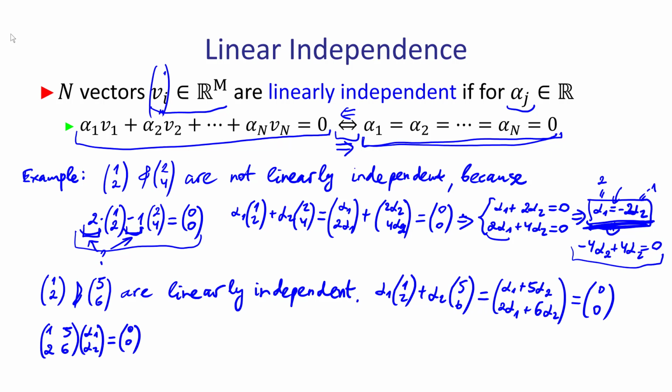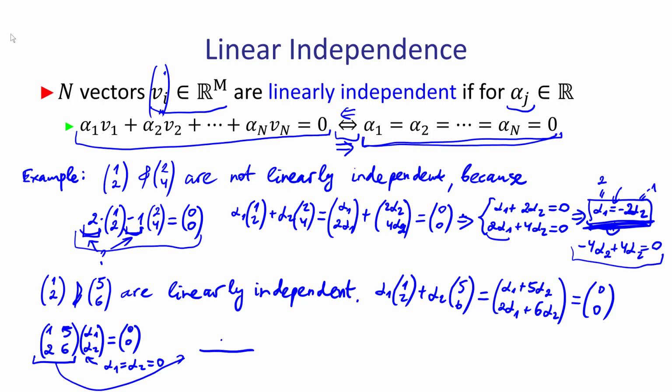Now, this matrix is clearly invertible, so you have only one possible solution, that alpha 1 equals alpha 2 equals 0. So how should I know that this matrix is invertible? I can just compute the determinant of that matrix.